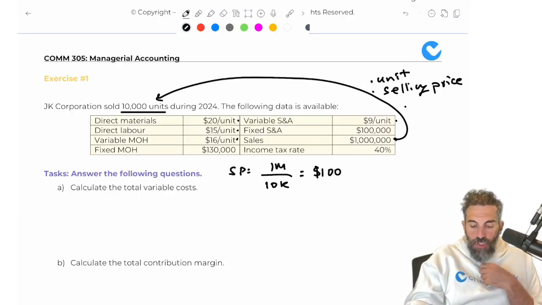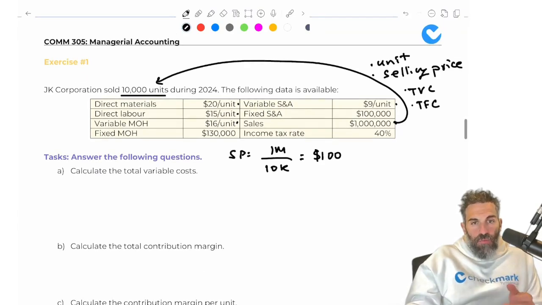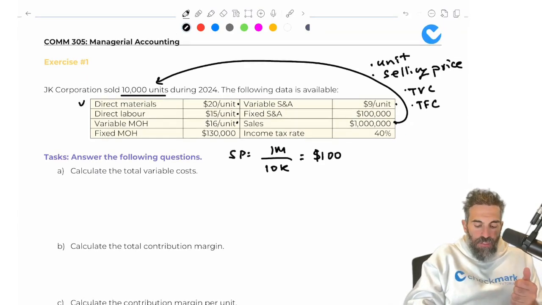I also want to know my total variable cost and my total fixed cost. So here, what do we know? We know that direct material is variable. I'm going to put a V next to it. Direct labor is variable. Variable MOH is obviously variable. And variable selling and admin is variable.